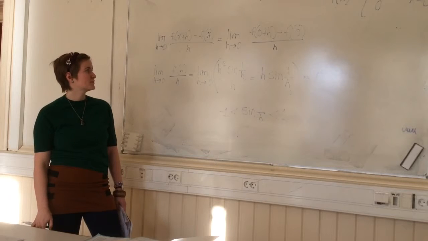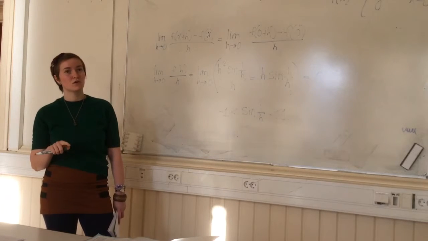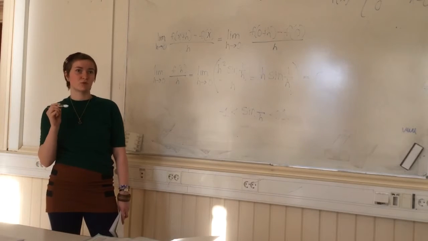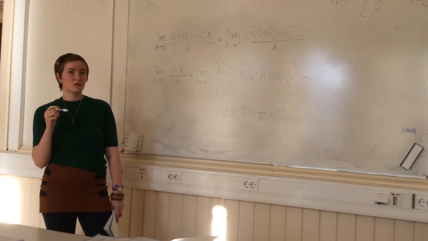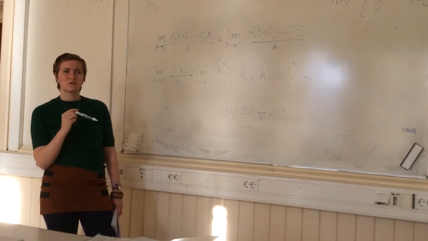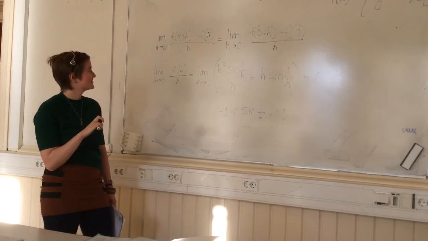Well, we wanted to find the derivative when x is equal to 0. We want to find the limit of the derivative as x approaches 0. No, this limit is the derivative. You're not finding the limit of the derivative. Are you sure?